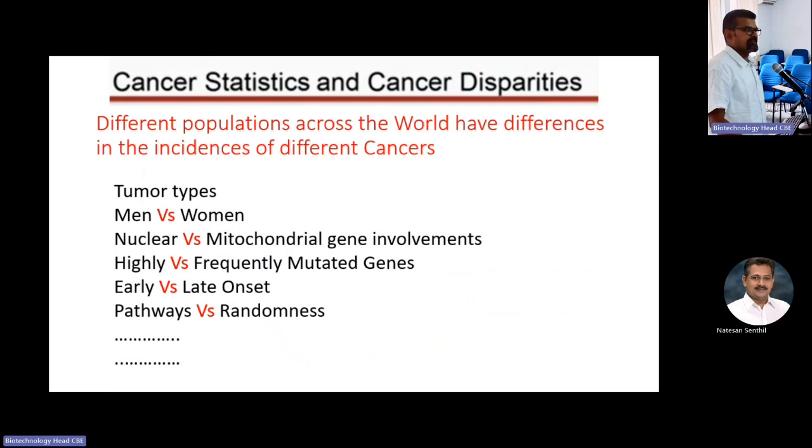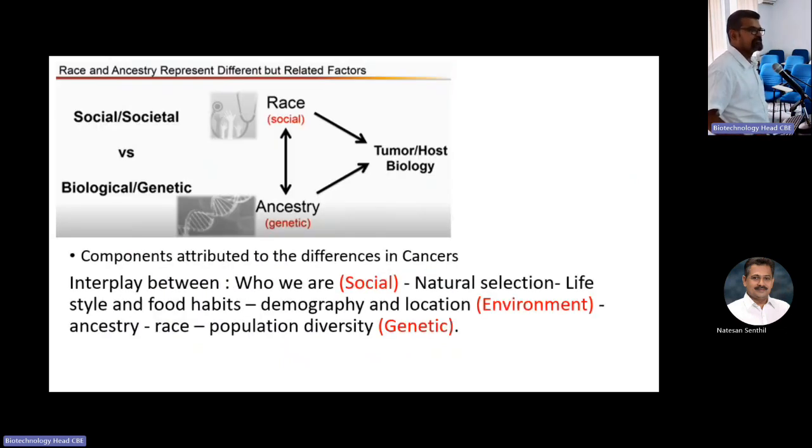Even in cancer statistics and cancer disparities, based on tumor types, men versus women cancers, nuclear gene involvement or mitochondrial gene involvement, highly or frequently mutated genes, early onset or late onset disease, different pathways or the randomness of the disease, all can be understood if we understand social genomics linking with disease patterns.